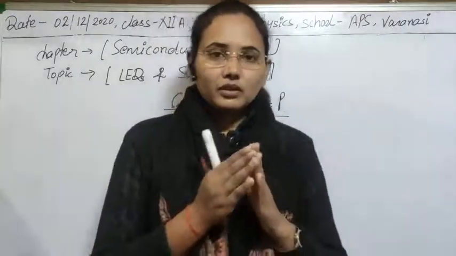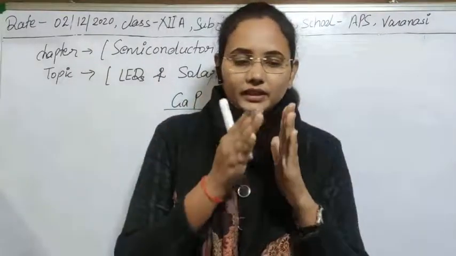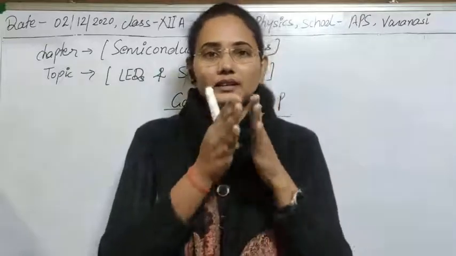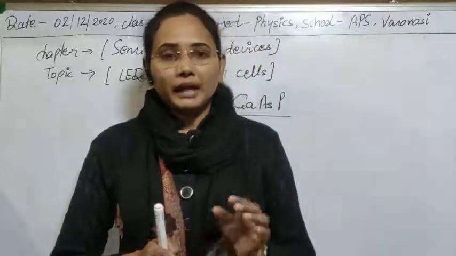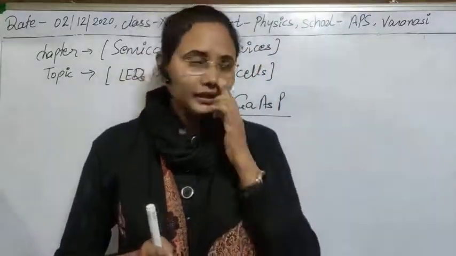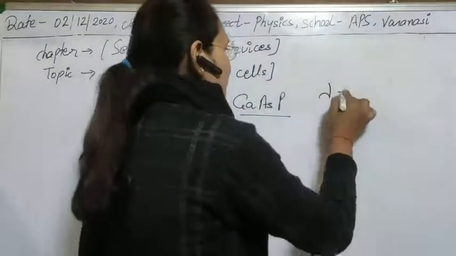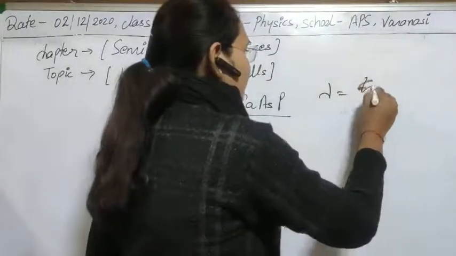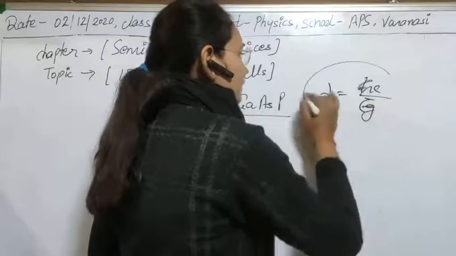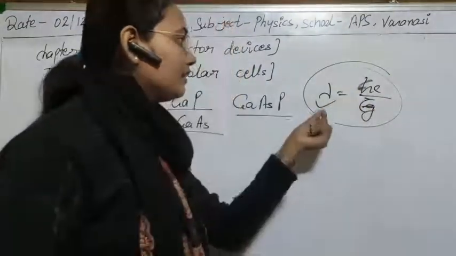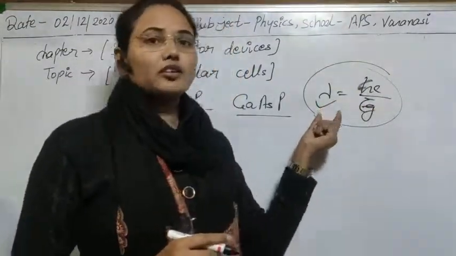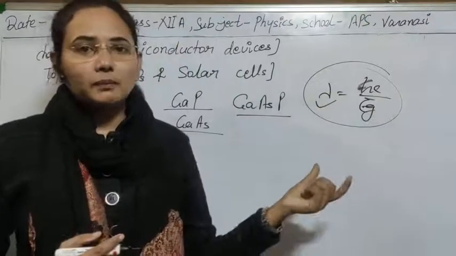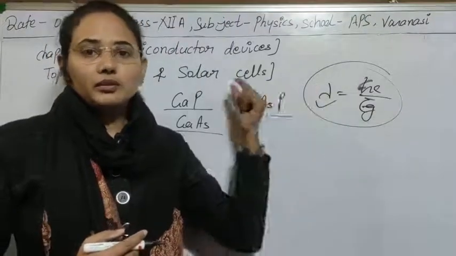You know that for white light or different colors of light, the wavelength and frequency range is here, and the wavelength emitted can be determined by this formula. If this wavelength lies in the region of red, red color is obtained. If it lies in the region of blue, blue color is obtained.